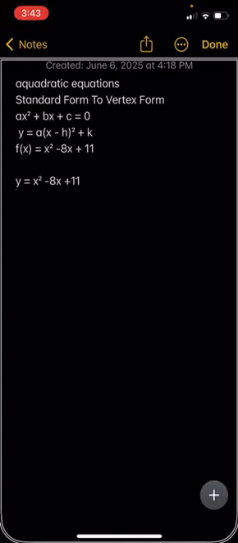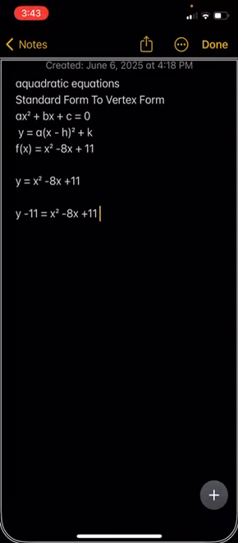Second step. The constant term, in this case positive 11, we want to move over onto the left side of the equation. In order to do that, we subtract 11 from both sides. So let's do y minus 11, and that will be equal to x squared minus 8x plus 11.